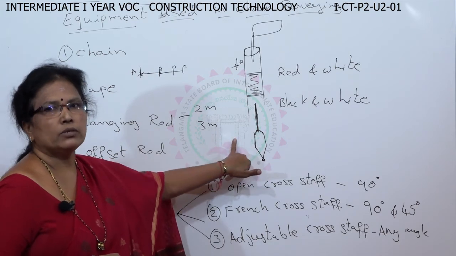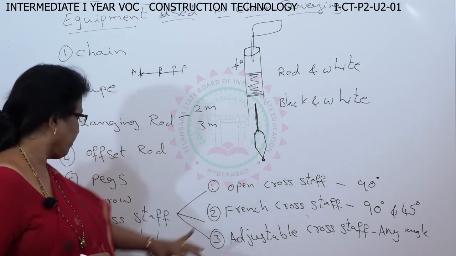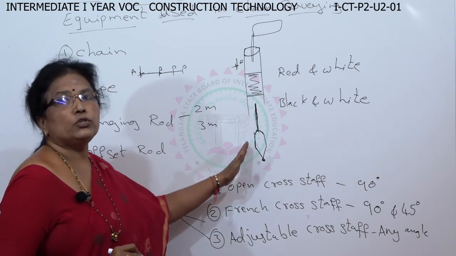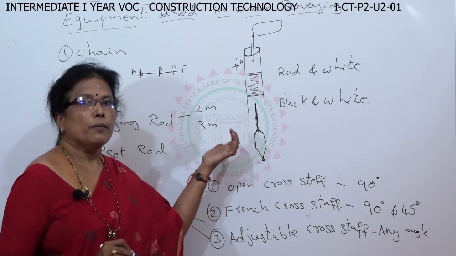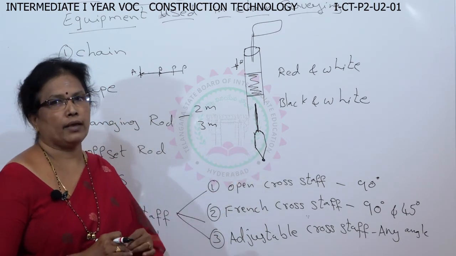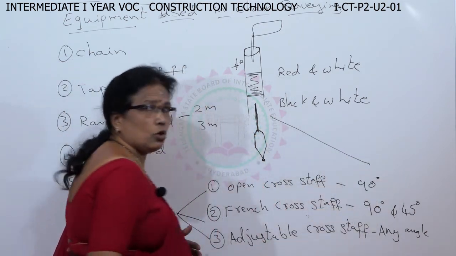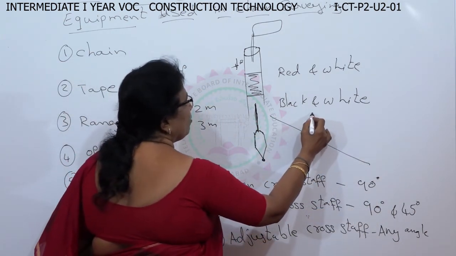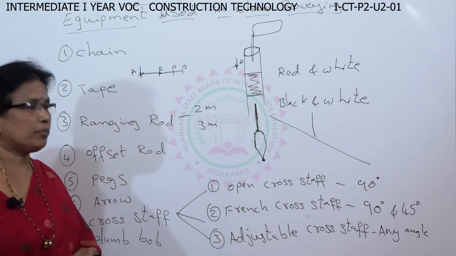The plumb bob is used to check verticality, and it is used here in chain surveying to measure the distances in sloped areas. Suppose we are measuring the distances in sloped areas, at that time we are going to use this plumb bob. That is the use of the plumb bob.